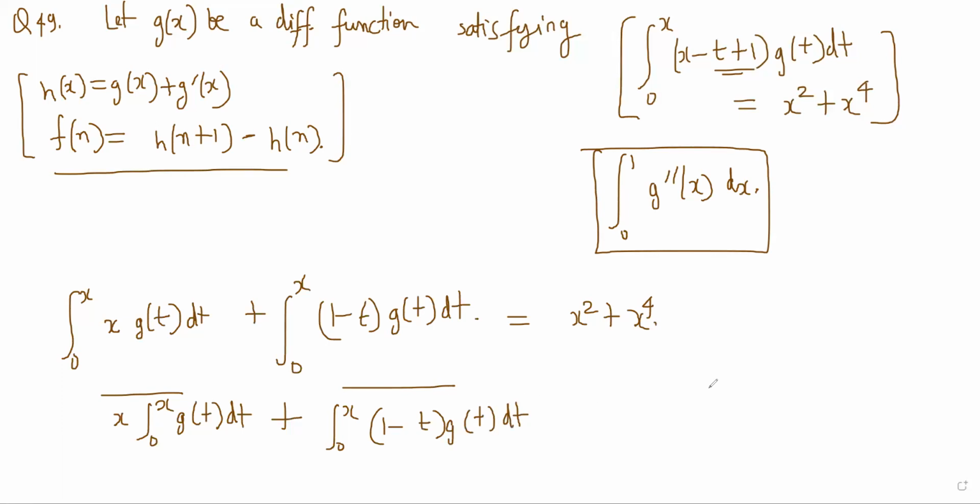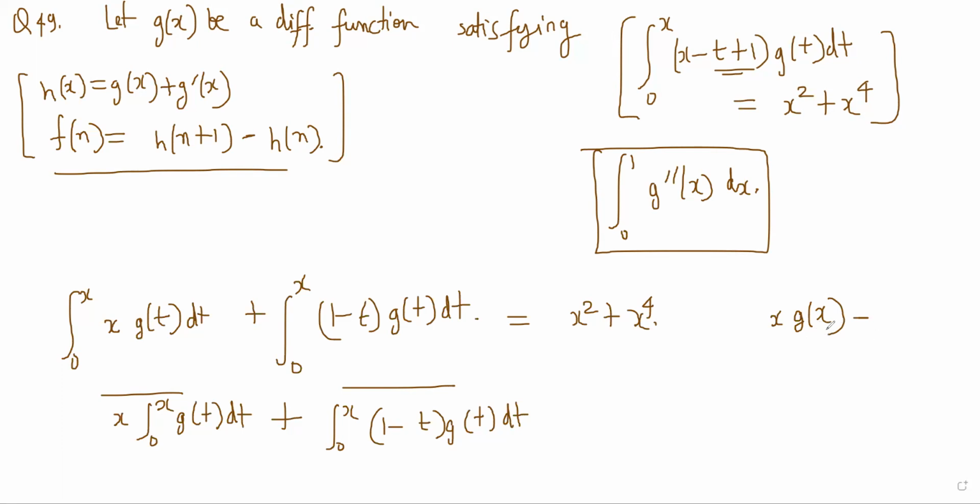So if I differentiate both sides of the expression, what I will get is x g of x. I'm differentiating both sides of the equation. x g of x makes sense, minus g of 0 will be 1. So 0 to x dt dt. Correct.